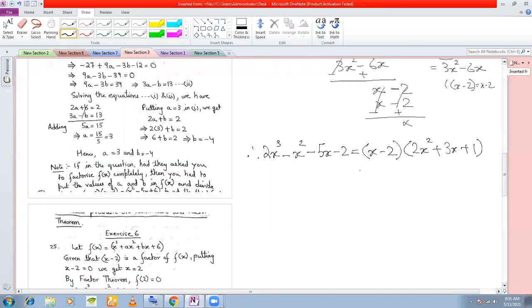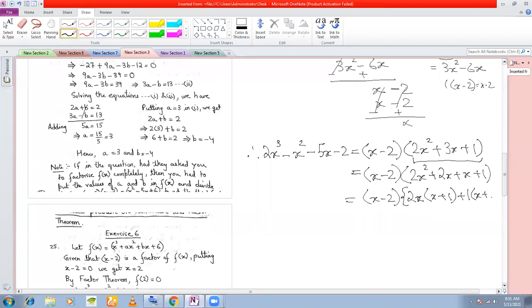Now the question is whether this can be further factorized. Try out middle term factorization. 2x square plus 2x plus x plus 1, times x minus 2. First two, you can take the HCF 2x out, you get x plus 1. From the third and the fourth term, you can take out the HCF 1, get x plus 1.